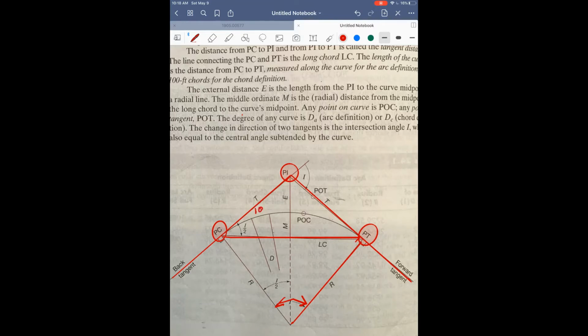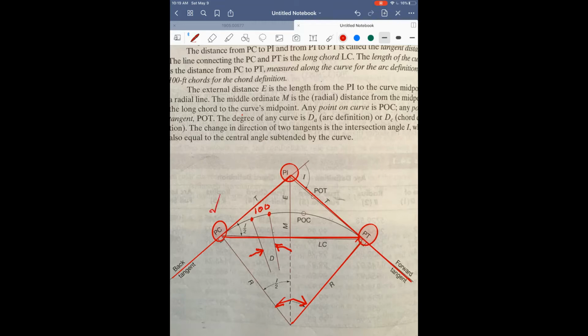So if this was 100 feet from here to here measured along the arc, then the degree of curvature would be this angle right here. Sometimes that's a little confusing for people. But the thing you should see is that the degree of curvature gets smaller as the radius gets larger. They're inversely related. So I just wanted to go over a few of those things.